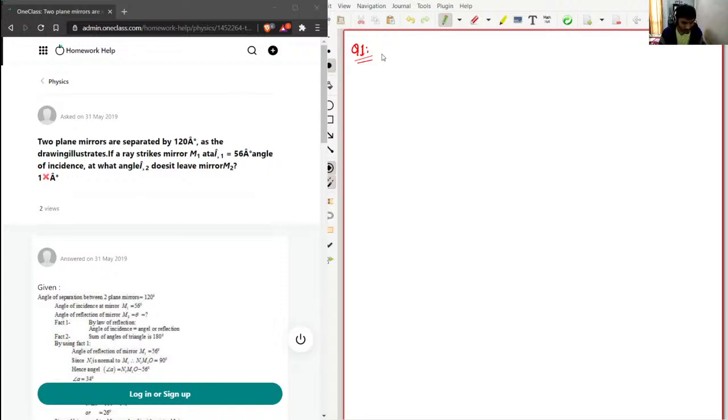They don't have spaces here. It is very hard to read without spaces. So I'll try to make this, and let's say this is the other mirror.